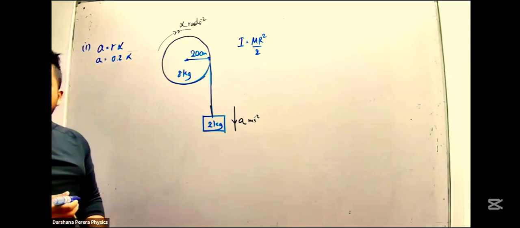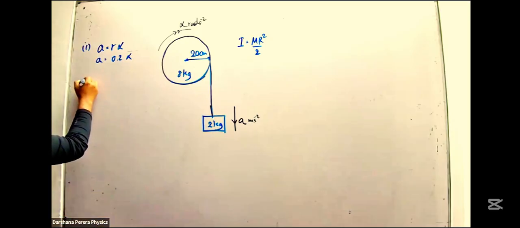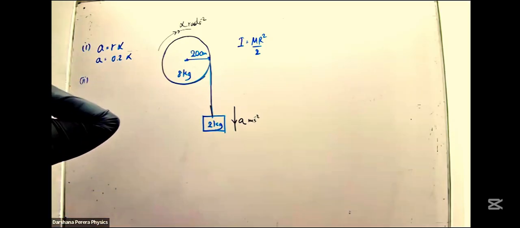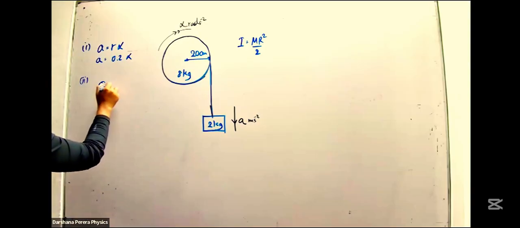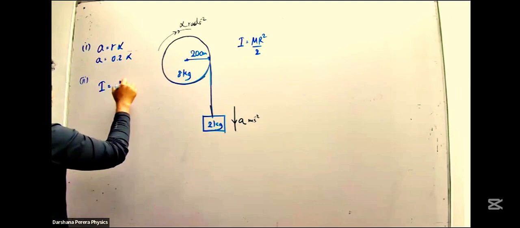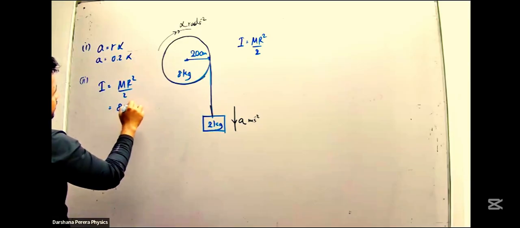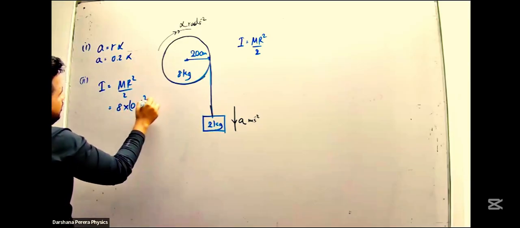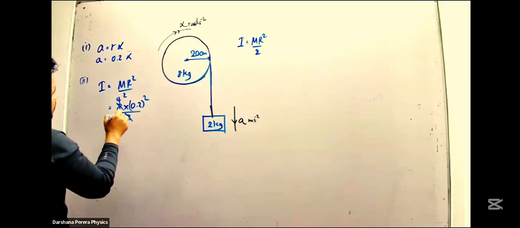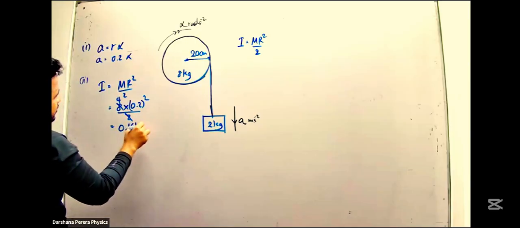Therefore, number two is we have to get the I value. I equals m r square over 2. M means 8, R means 0.2 squared, into 2. That means 0.16. Your answer is correct.